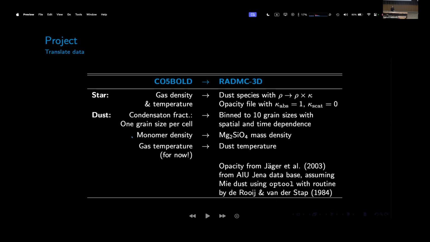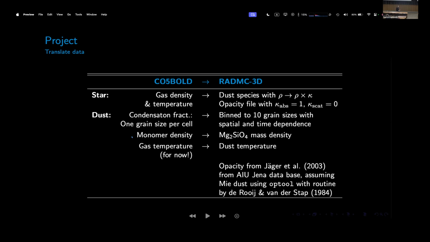Like I said, I won't be too technical, so this is, I think, the most technical slide. From Cobalt, the 3D models, I need to translate these data to be input data for my radiative transfer simulations. And in Radmc-3D you can't have aspherical stars.